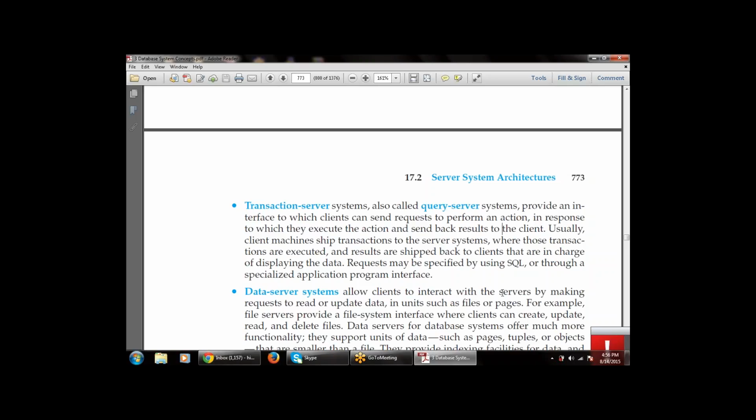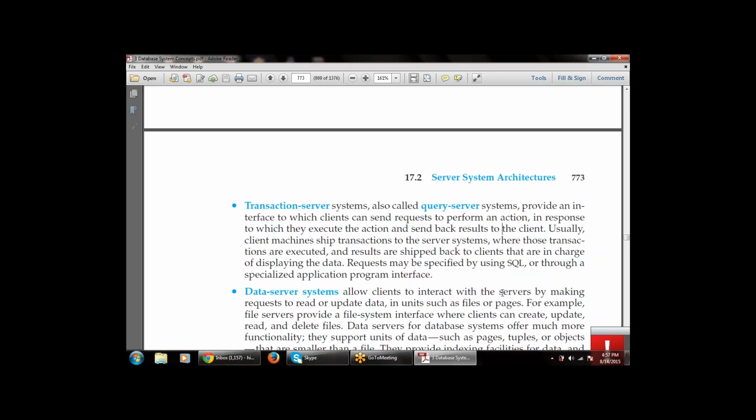So the client gives a request to the server, and the server provides the services to the client. Requests may be specified by using SQL or through a specialized application program interface.